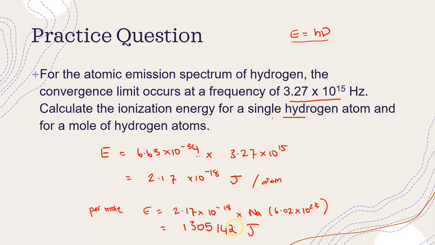Now we're going to divide this by 1,000, and we get 1305 kilojoules, so 1.31 times 10 to the 3 kilojoules in 3 sig figs.